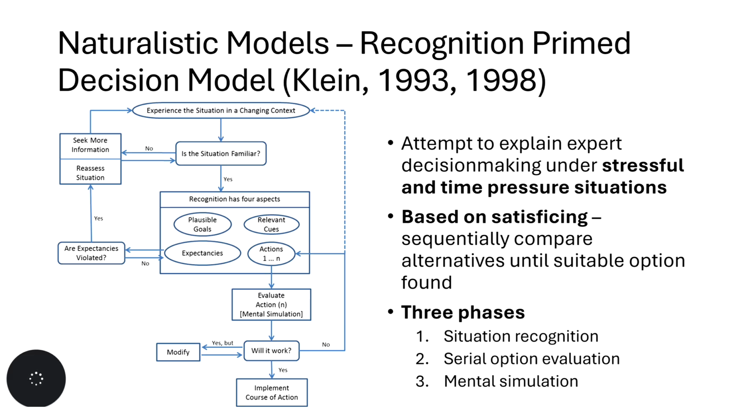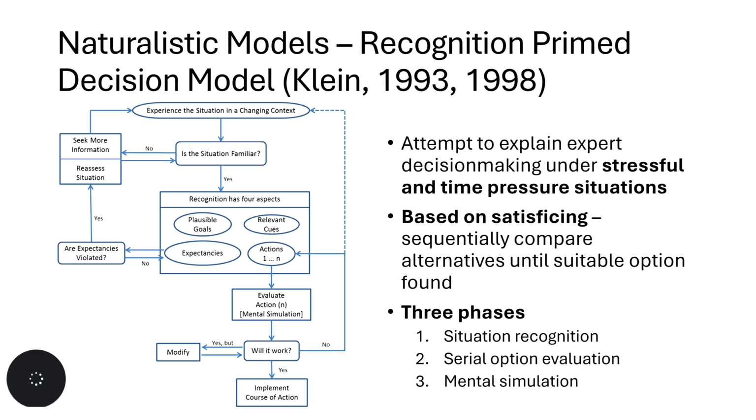Satisficing is a thing that we do cognitively where we pick the first least bad option, or the first best option we find. So we are comparing alternatives until a suitable option has been found. And even though a more optimal decision may still be out there, we take whichever one works first.